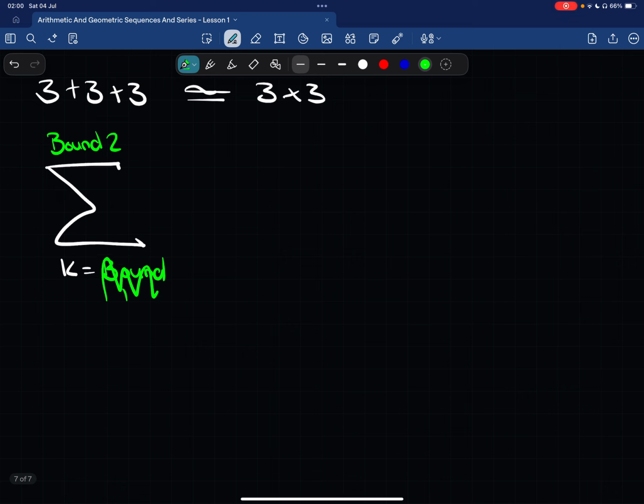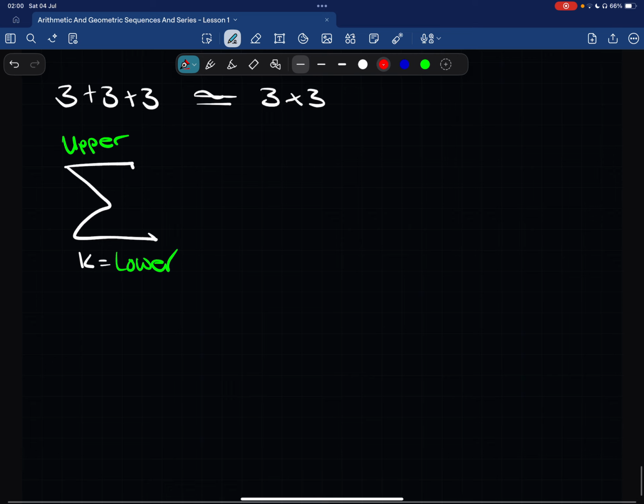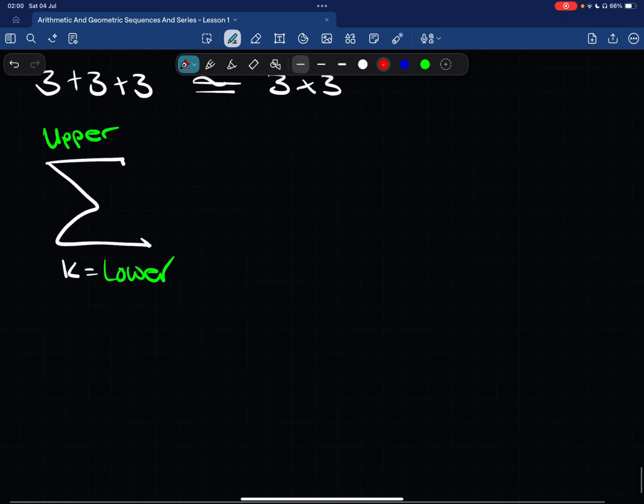I should be calling them the lower and upper bound. So this is our lower bound, and this is our upper bound. And now inside the sigma, there is a formula of what we are adding up. So I'm just going to say formula.